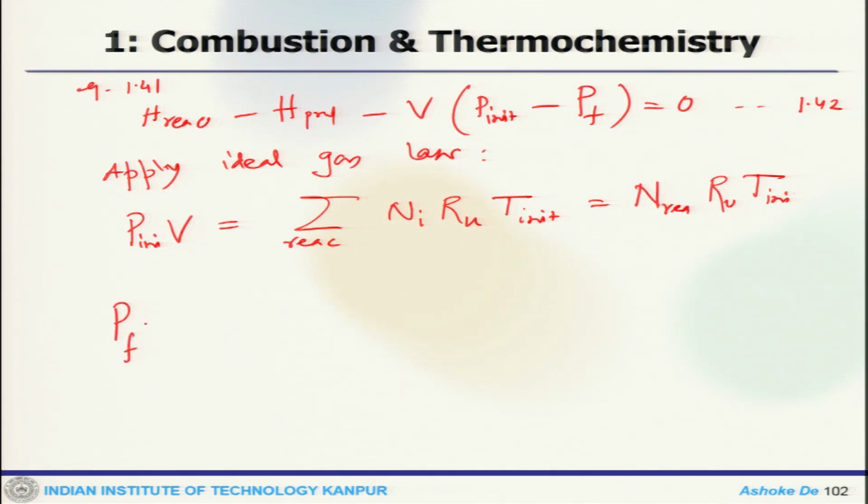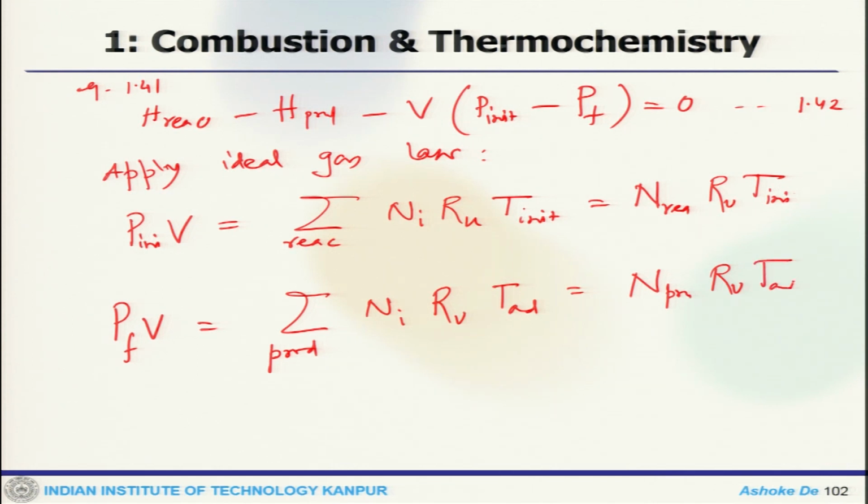Similarly, one can find at the final state PV equals the summation over products of Ni Ru T adiabatic, which is N product Ru T adiabatic. So, it is just a pressure volume relationship using the ideal gas law.